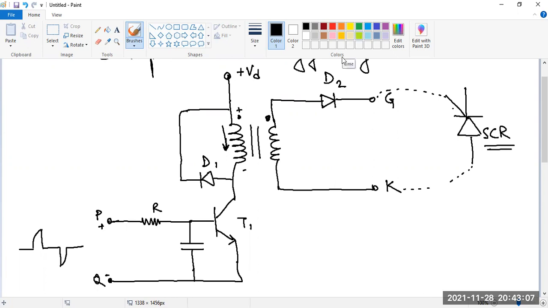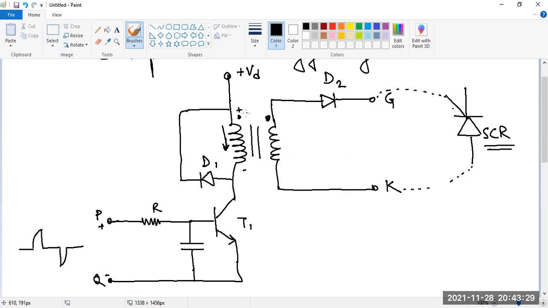The T1 will be turned off, but the current in that primary coil of the pulse transformer cannot instantly be zero because it has a stored energy half Li², isn't it? So you need some path to dissipate that energy.